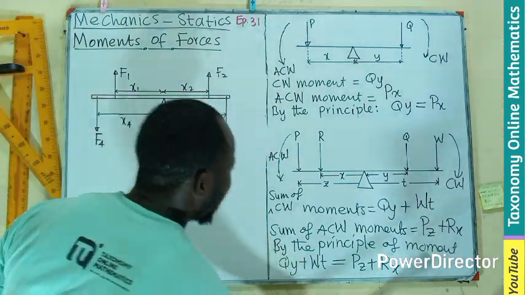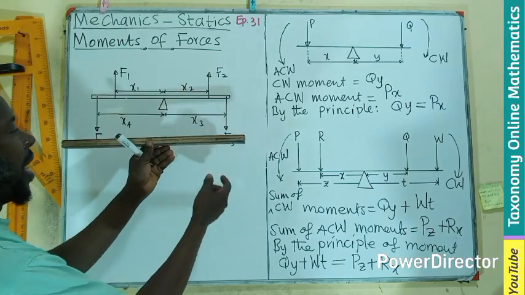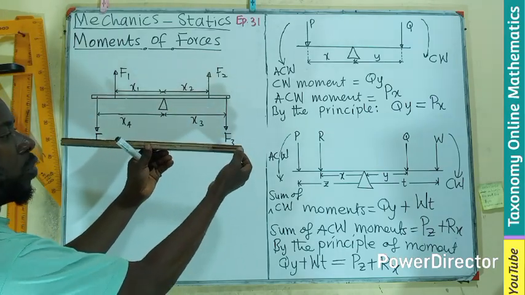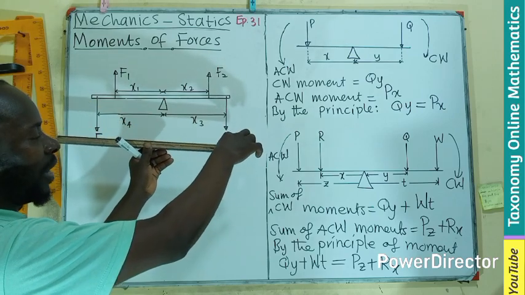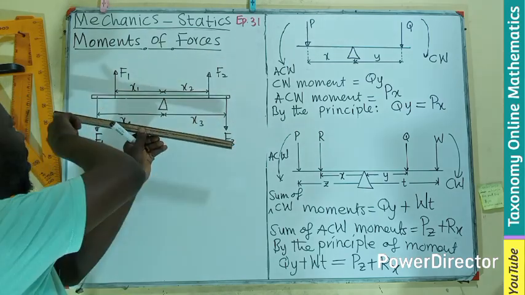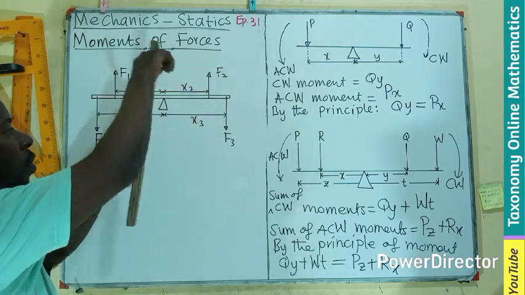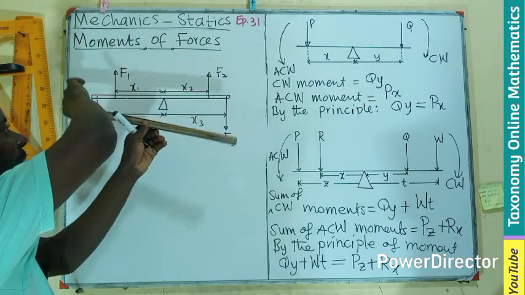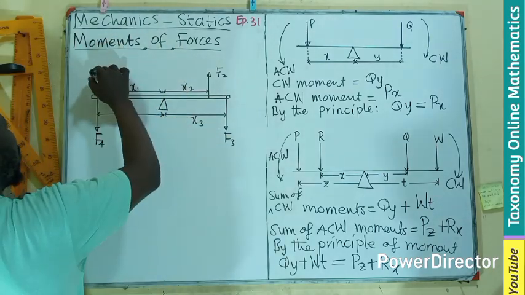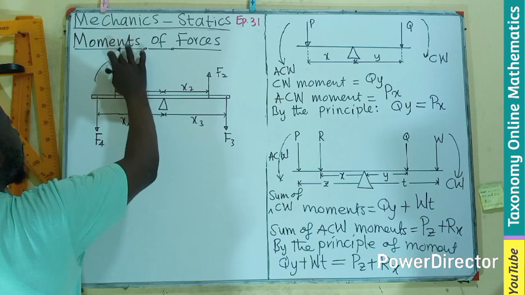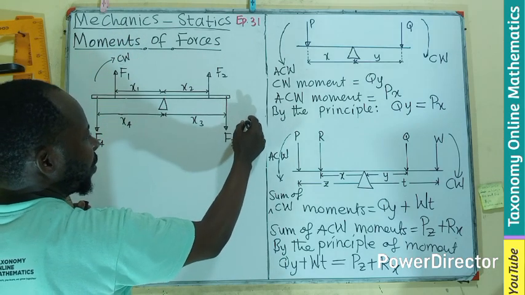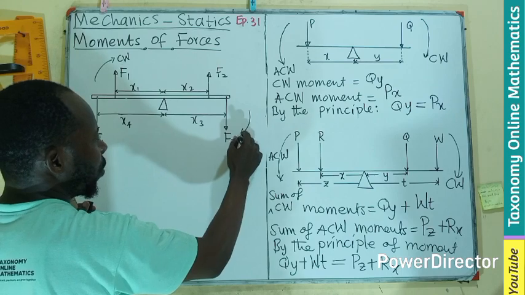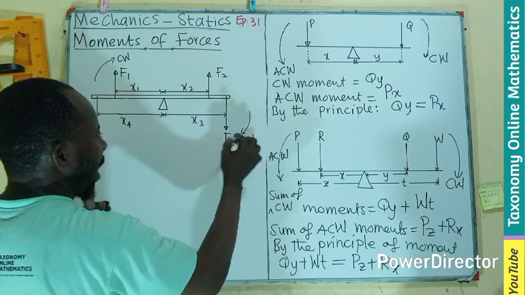You can see if this bar is here and we apply forces here, holding down, this is going clockwise. So as force 3 is going clockwise, force 1 is also going clockwise. It's moving in the same direction. So I can say this is going to be clockwise direction, and this will also move in clockwise direction.